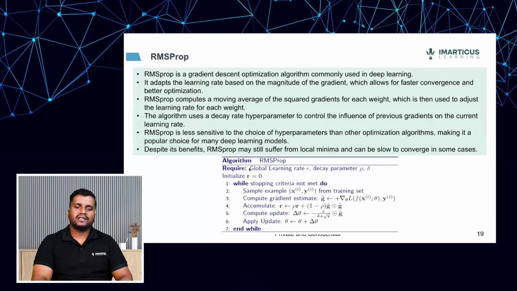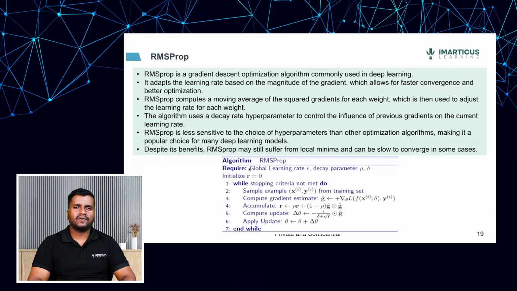RMSprop is a gradient descent optimization algorithm commonly used in deep learning. It adapts the learning rate based on the magnitude of the gradient, which allows for faster convergence and better optimization. RMSprop computes a moving average of the squared gradients for each weight, which is then used to adjust the learning rate for each weight.